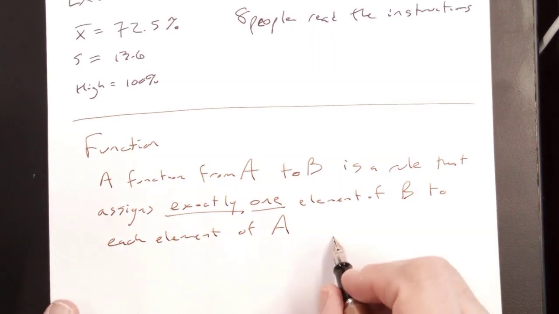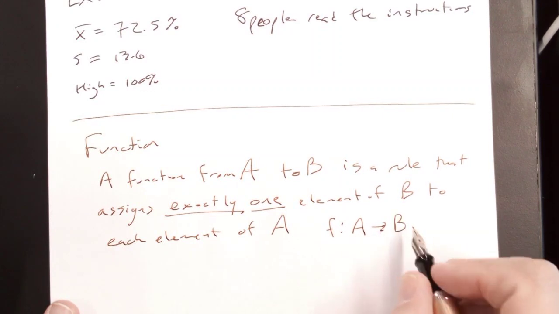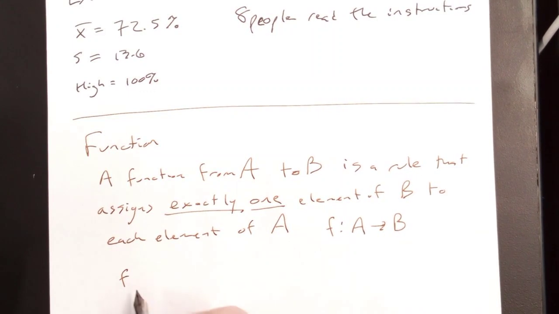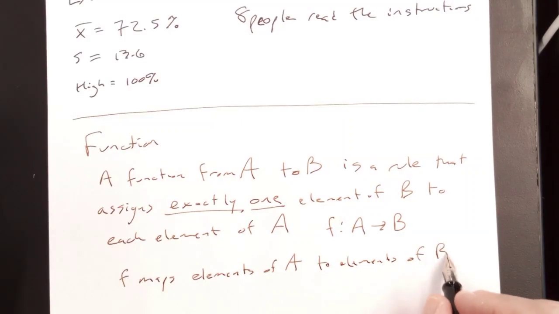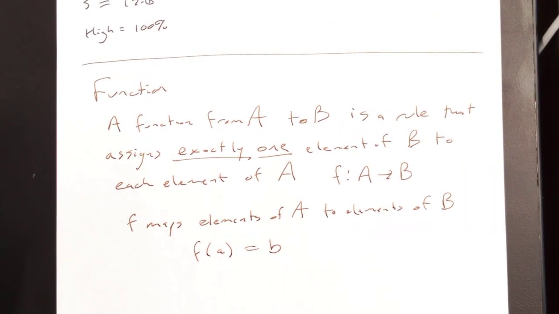Normally, we write our function f as taking things from the set A to the set B. And we use that same arrow we've been using for the if-then, but that's not a requirement. And we can say f maps elements of A to elements of B. And we usually wrote this sort of functional assignment, f of a equals b.